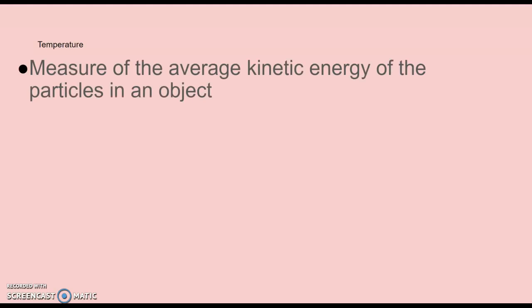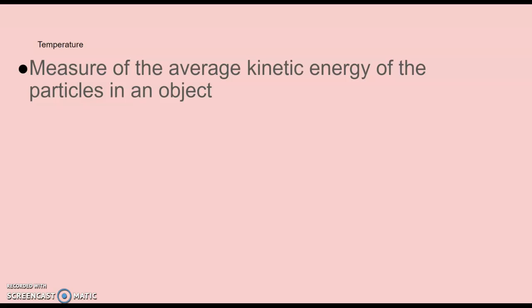So what exactly is it? It's a measure of the average kinetic energy of the particles in an object. So we just talked about energy, right? We know kinetic energy is about motion. So things are moving. How fast are they moving? That's what temperature is all about. So those gas particles, they had a high kinetic energy, right?